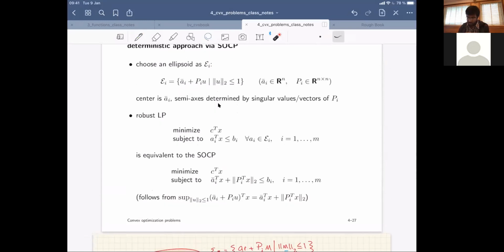AI is the mean plus the matrix times U, where the norm of U has to be less than or equal to 1.